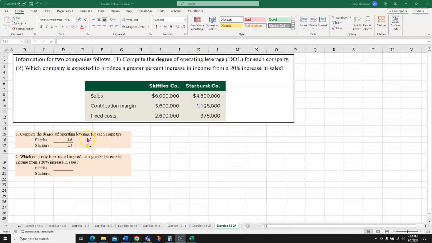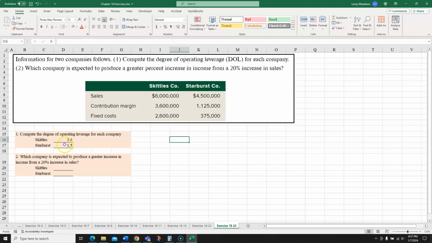So now when we look at operating income and degree of operating leverage, what we're going to see here is that compared to a company with a lower degree of operating leverage, the one with a higher degree of operating leverage is going to see the highest increase in net income from whatever percent of sales.